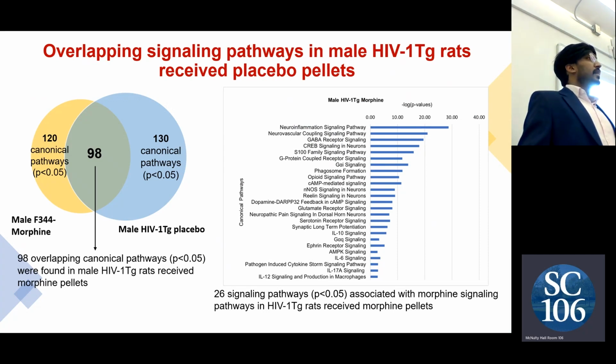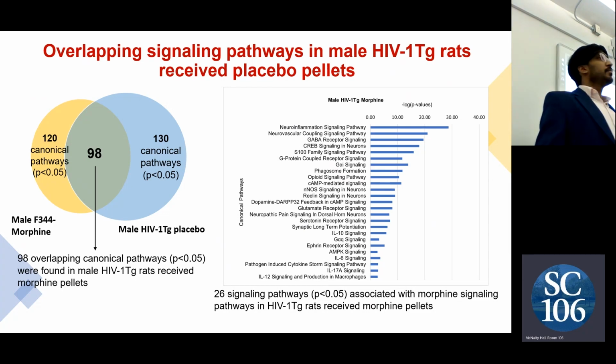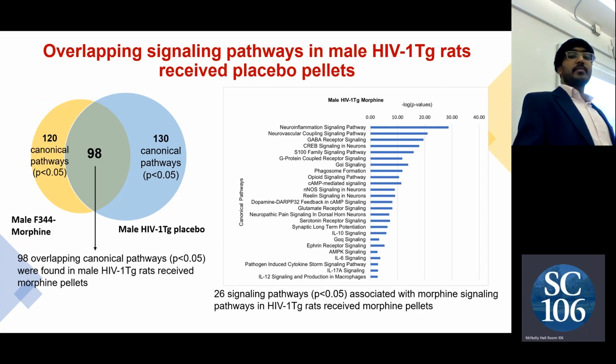Our next goal was to identify the overlapping signaling pathways in the HIV transgenic rats that received morphine. To find that, we took the F344 morphine-related signaling pathways and the placebo-treated transgenic pathways, and we found that among them, 98 signaling pathways were enriched in the HIV transgenic rats that received morphine. Among them, the 26 signaling pathways previously associated with opioid dependence were also found.